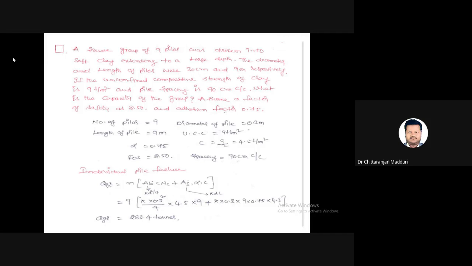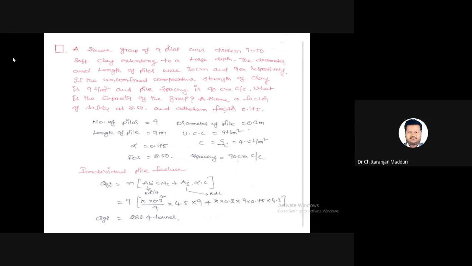So first we need to find out the individual pile failure. Individual pile failure equal to n into ultimate load carrying capacity of the single pile. Number of piles is equal to 9. Area of the pile at the bottom equal to pi into 0.3 square by 4, into cohesion at the bottom equal to 4.5. NC is known as bearing capacity factor. For clay soil it is 9.